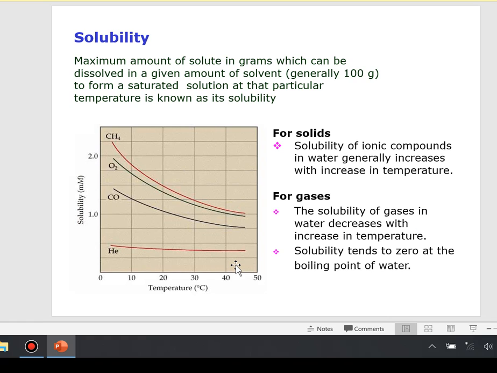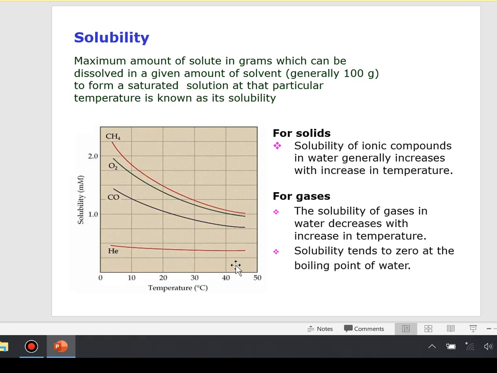It means first of all we have to prepare a saturated solution, and the amount which you have dissolved, in grams, in 100 gram of the solvent, is known as solubility.